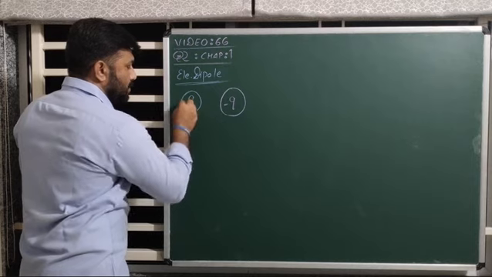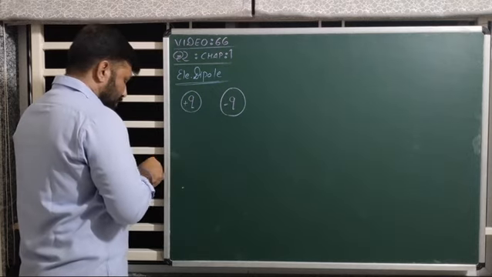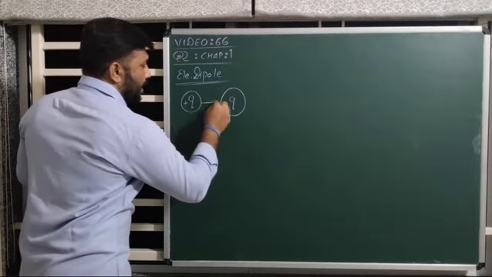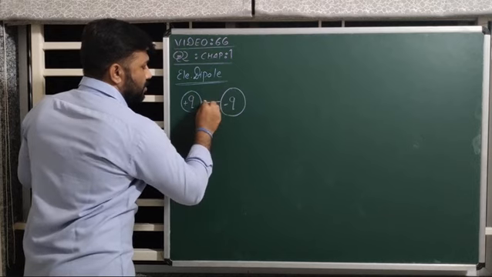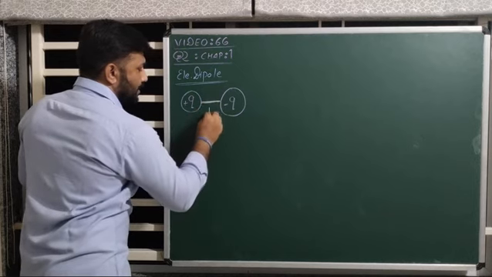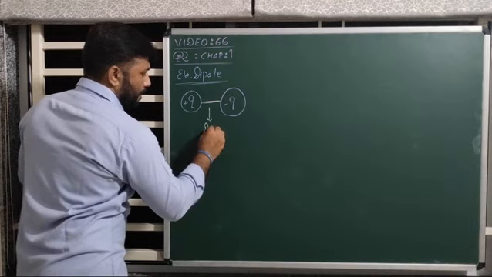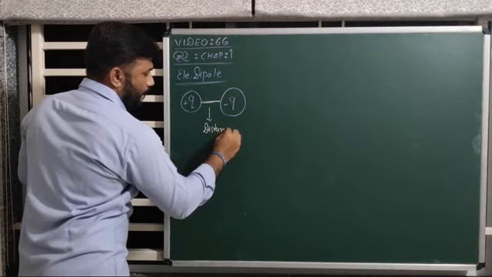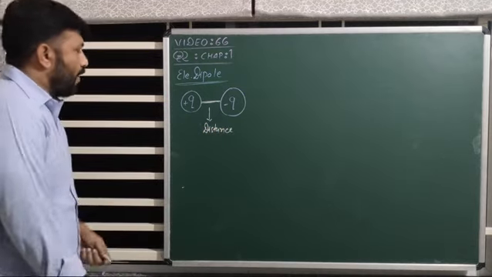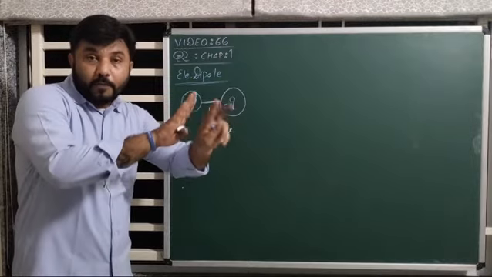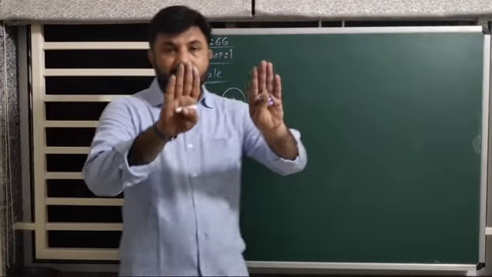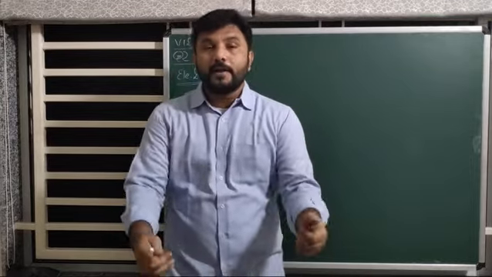They are separated by some definite distance. So very easy: two equal and opposite charges separated by some definite distance form an electric dipole.